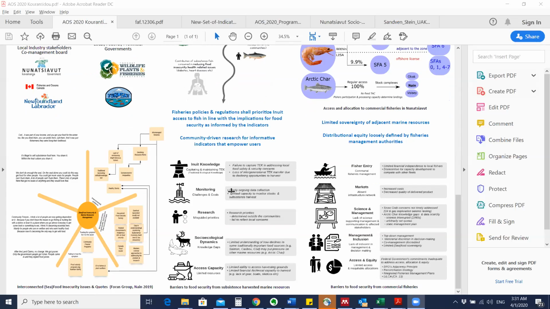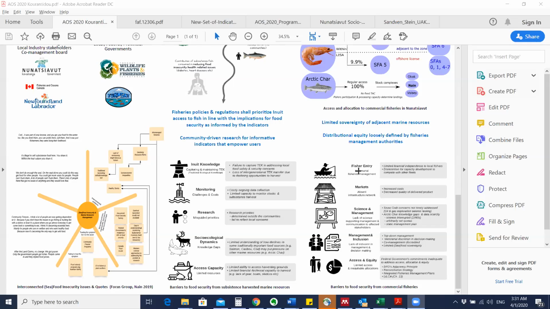So, for example, could the extinction of the caribou put pressure on stocks of the Arctic char? Then there's also limited access to harvesting grounds and resources due to capacity and financial limitations, such as lack of gear, boats, and skidoos.